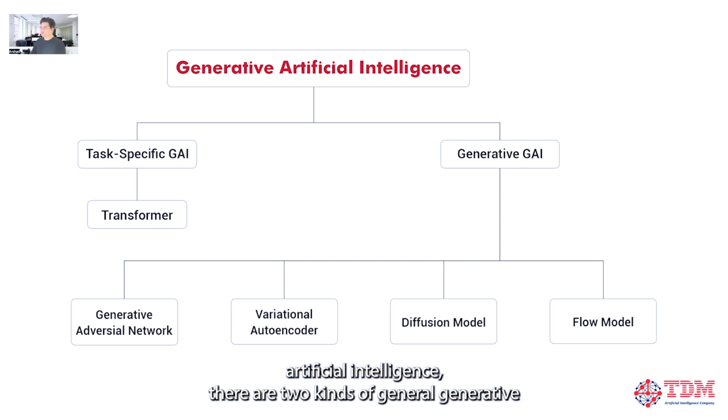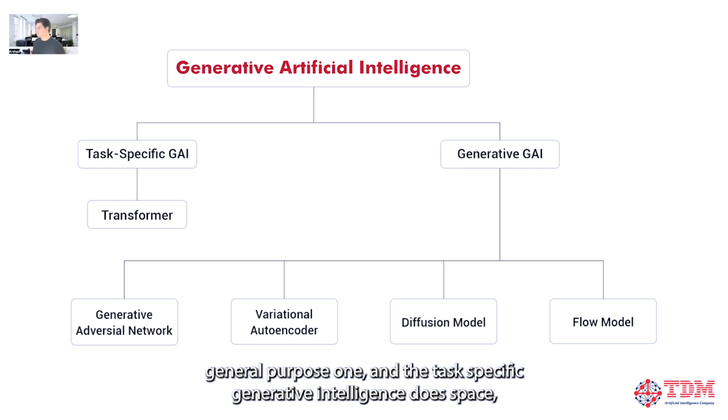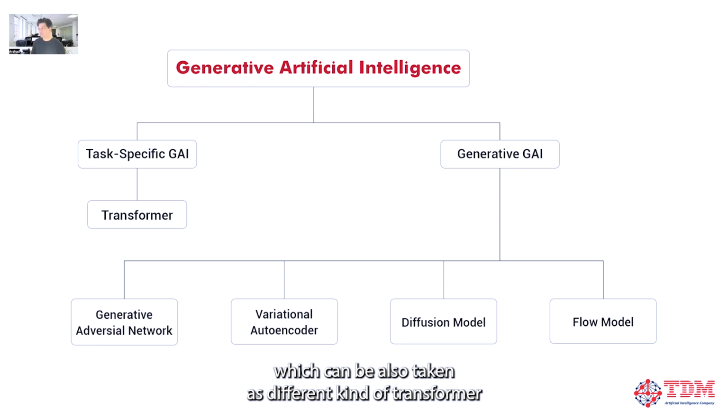For generative artificial intelligence, there are two kinds you can look at: the generative general purpose one, and the task specific generative intelligence. Task specific can also be taken as different kinds of models: transformers, GAN models, which are generative adversarial networks, variational autoencoders, diffusion models, and flow models.